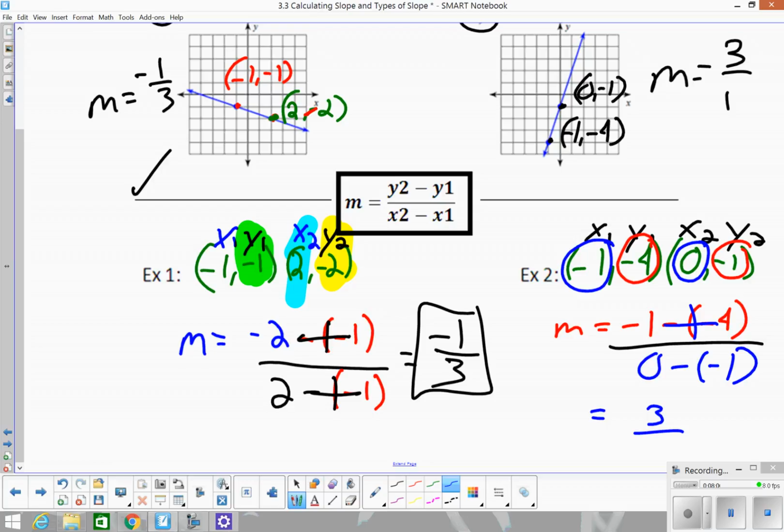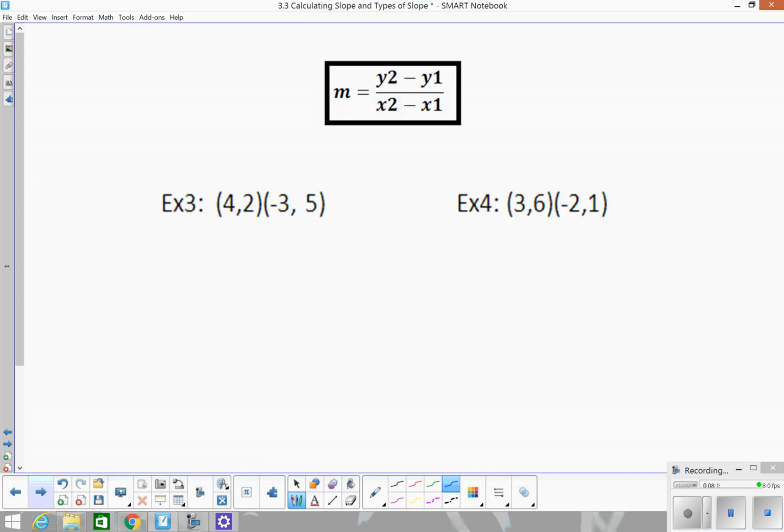Well, these two negatives become a positive, so I just have 0 plus 1, which is 1. Right? So when I simplify it, I have my slope as 3 over 1, and that's what I got with my graph. Awesome. So let's go ahead and get some practice problems.